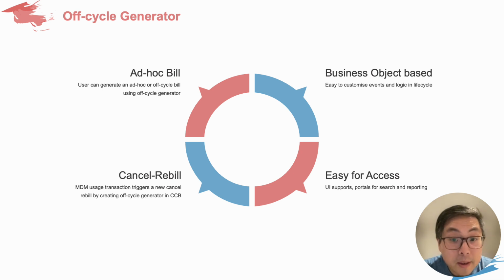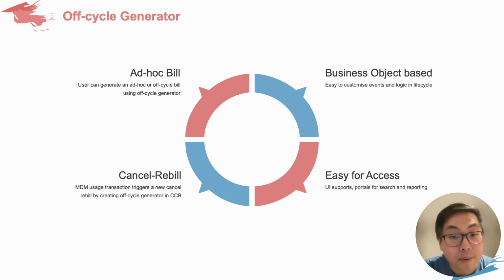So in MDM, when the read is finalized, it moves the usage transaction object in MDM to a subsequent correction, and that would trigger the usage request in CCNB to create an off-cycle generator, and the off-cycle generator will then cancel and rebuild the bill.